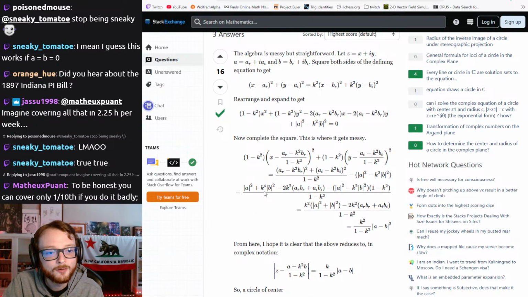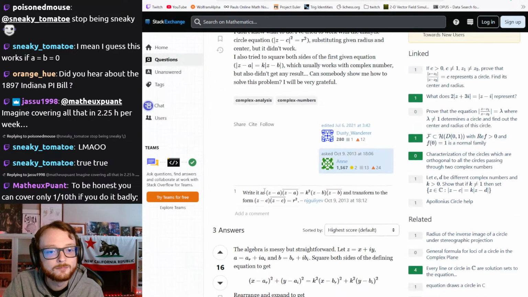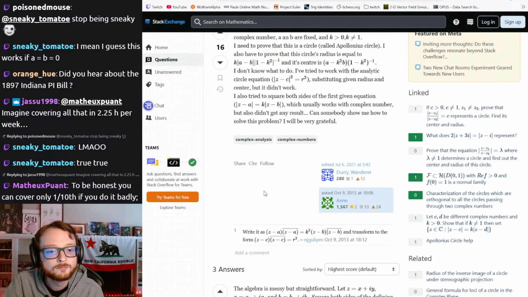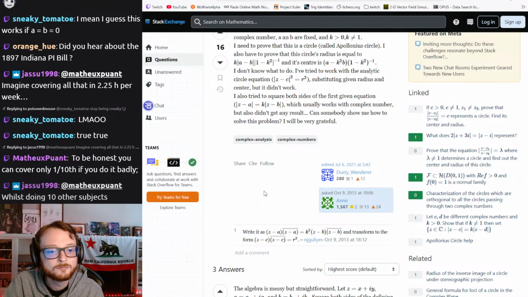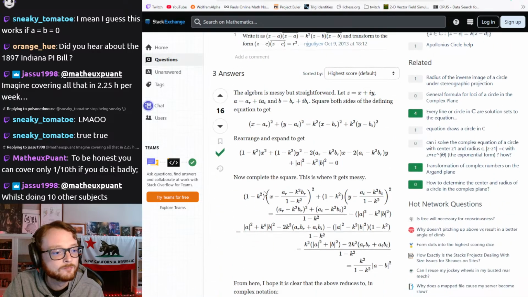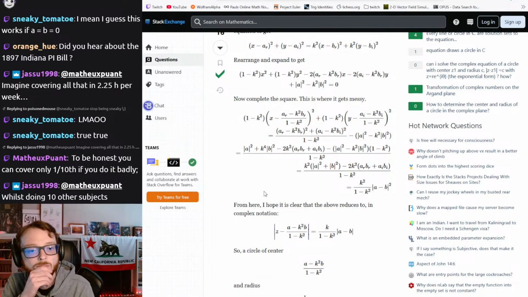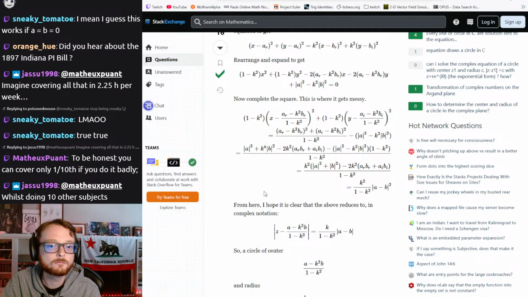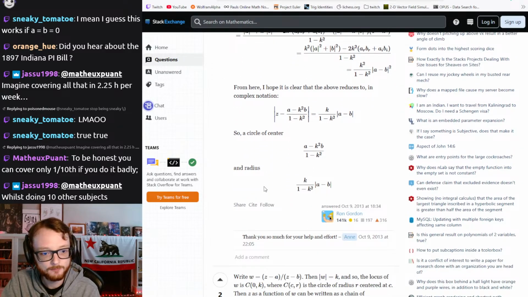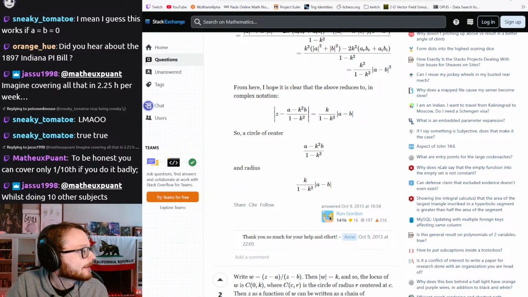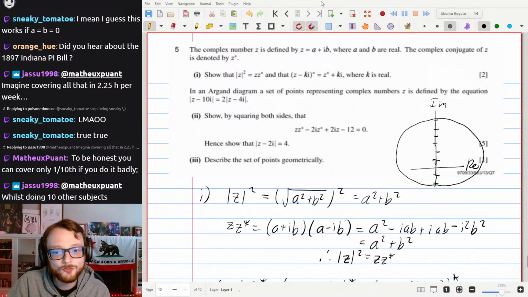What are they finding? Okay, I think it is just this circle.